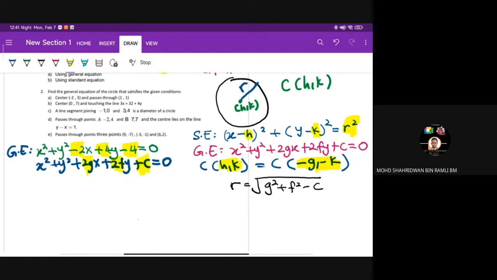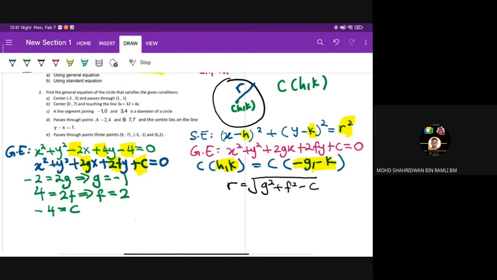Simple, right? So negative 2 equals 2g, which gives g equal to negative 1. Next, 4 is equal to 2f, which gives f equal to 2. And negative 4 is equal to c. Simple.